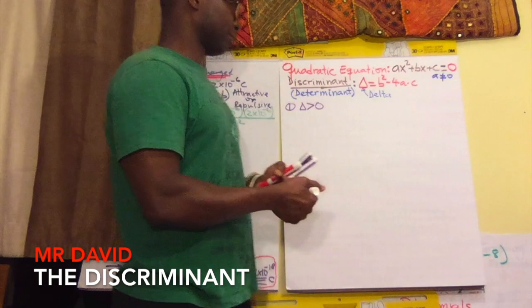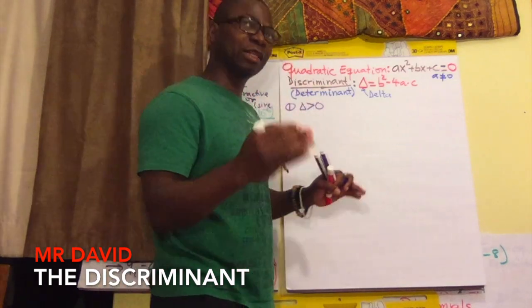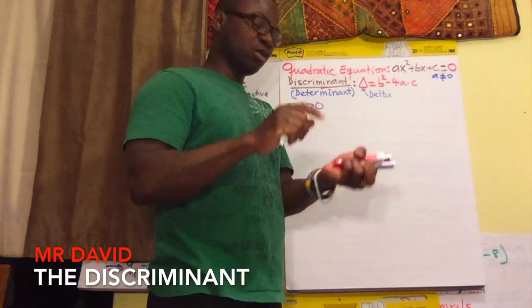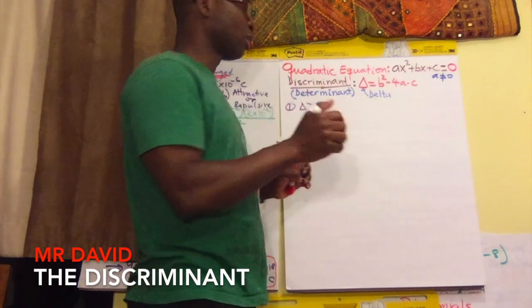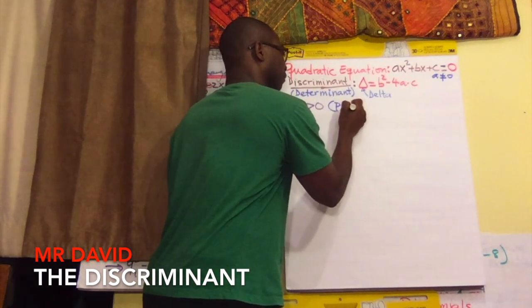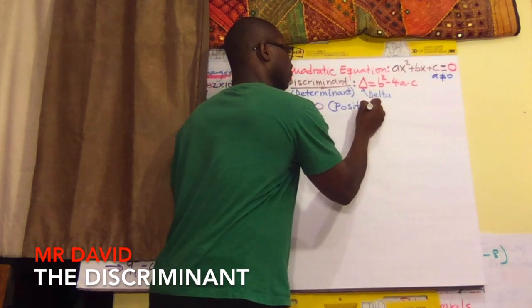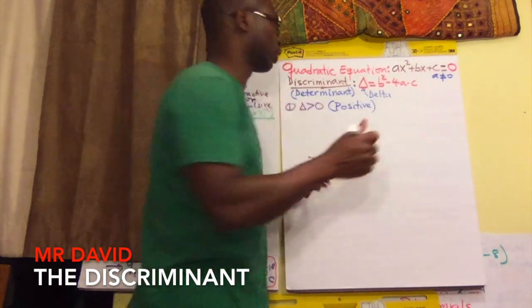There are three different cases for delta. The first one we will do is when delta is positive. When delta is positive, then we know we have two real solutions.